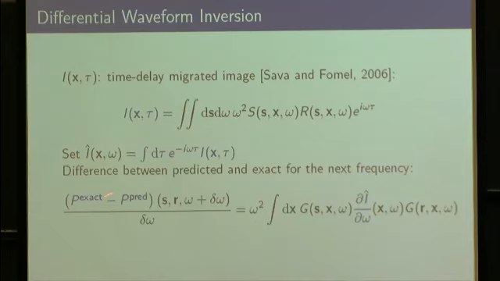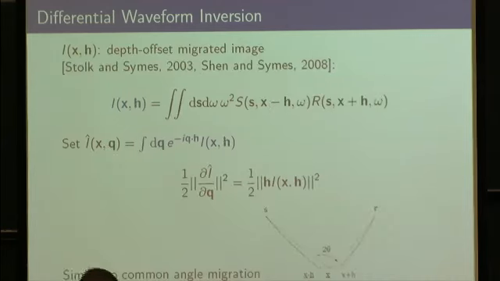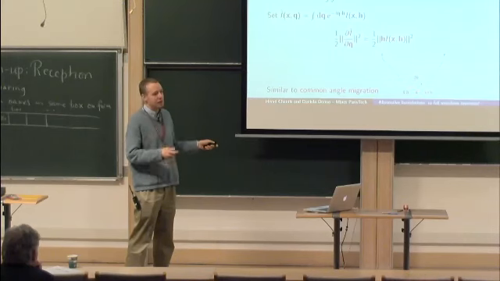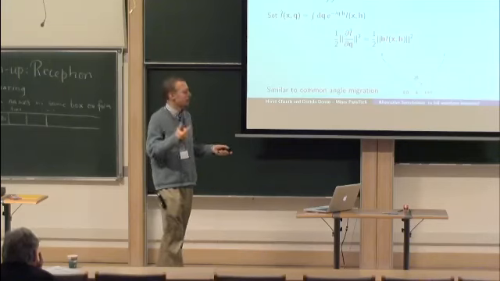So you migrate for all shots, all receivers, but for given frequencies, and then you predict what the next frequency should be. You could do the same with the extended model, where you have an offset in the depth domain. Instead of connecting your image point to the source and to the receiver, you may have some distances at the image point, as if you had 2 image points.